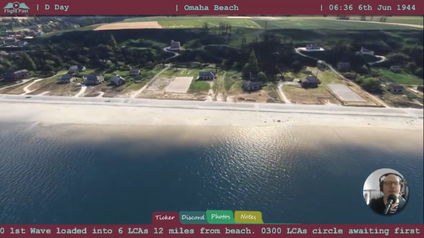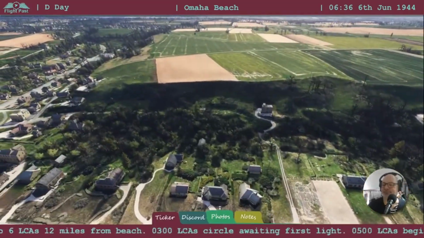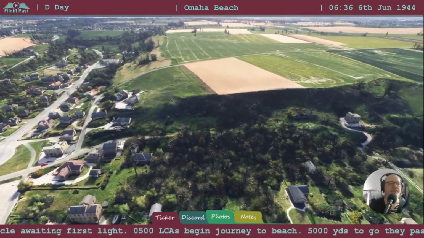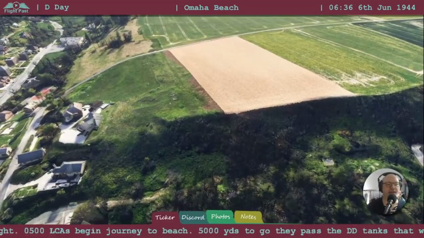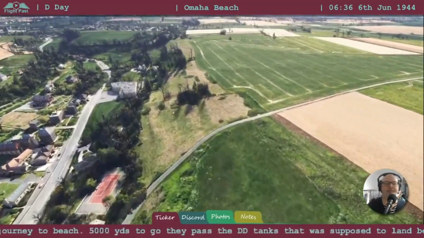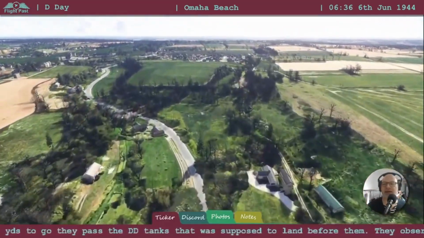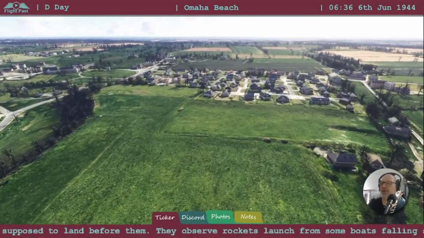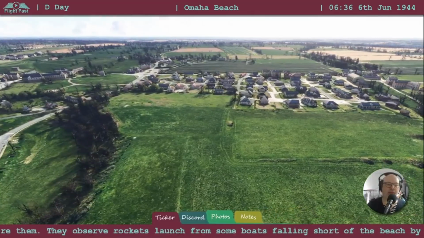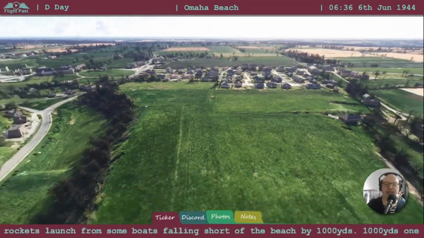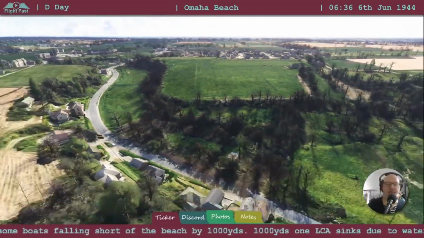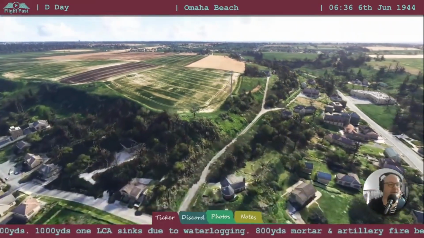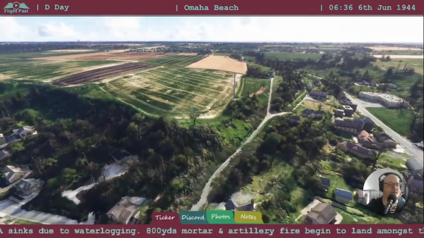And above Dog Red, we've got Widerstandsnest 69, and then back here, on this village, we've got 68, and then 67, and then 66 on this side of the draw.